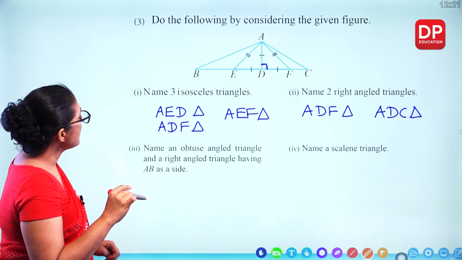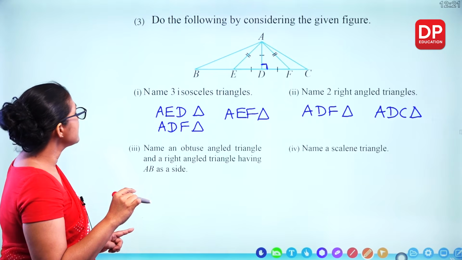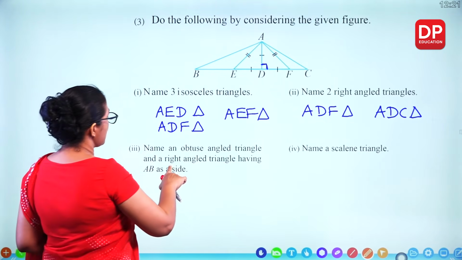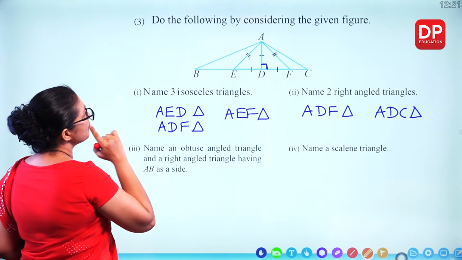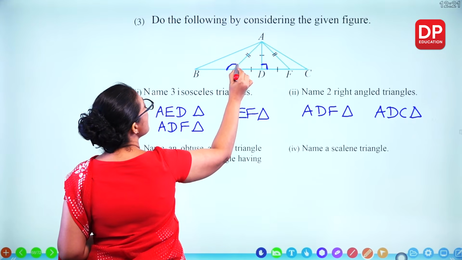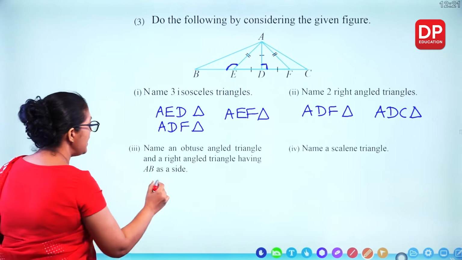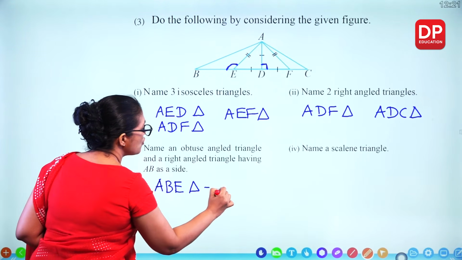Name an obtuse angle triangle and a right angle triangle having AB as a side. So AB as a side. Obtuse angle. Can you see? This angle is more than 90 degrees. So ABE is an obtuse angle triangle.